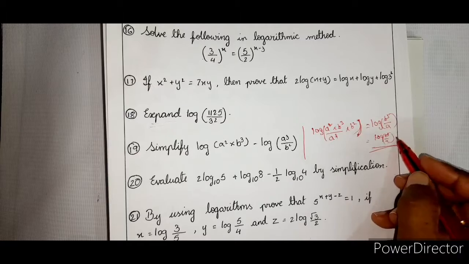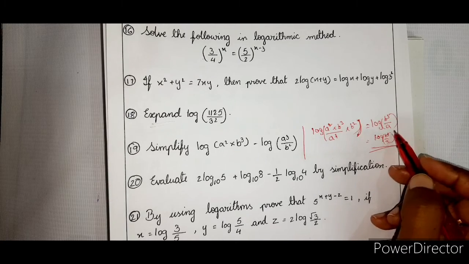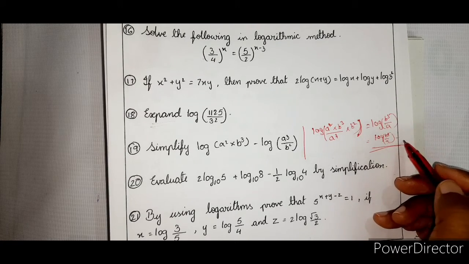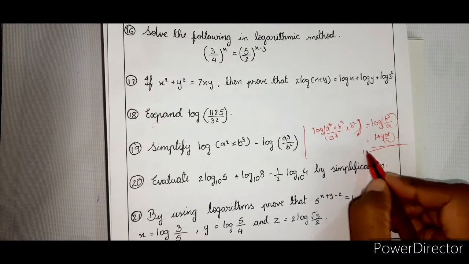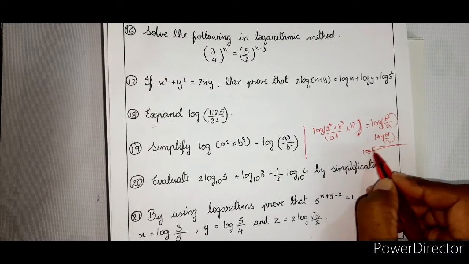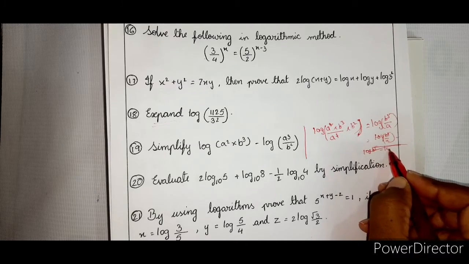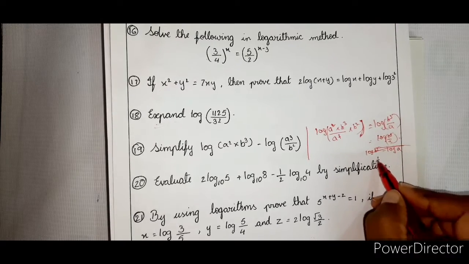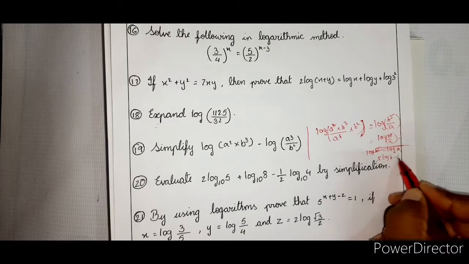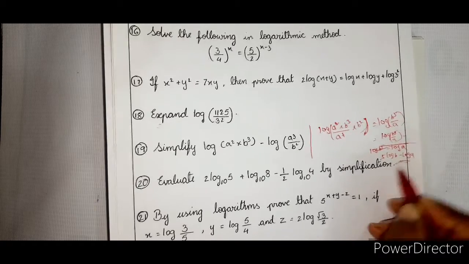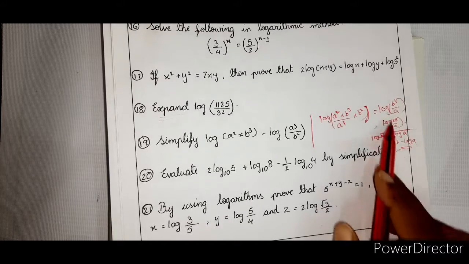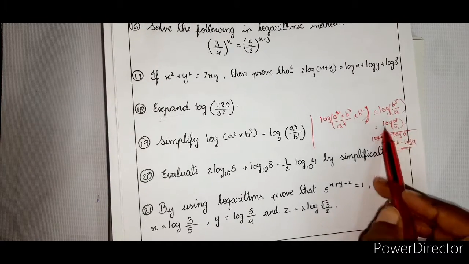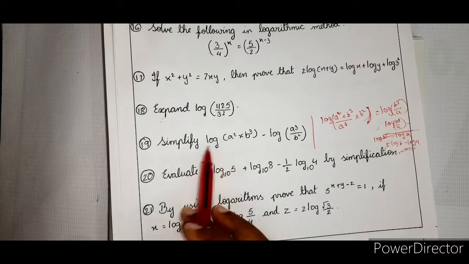He will be giving either this one or log b power 5 minus log a. It can also be asked like this. So this can be written as log b power 5 minus log a, that is 5 log b minus log a. If it is asked in multiple choice questions, that is how you have to check for the option. If not, you can leave it with a single logarithm because it is simplified.